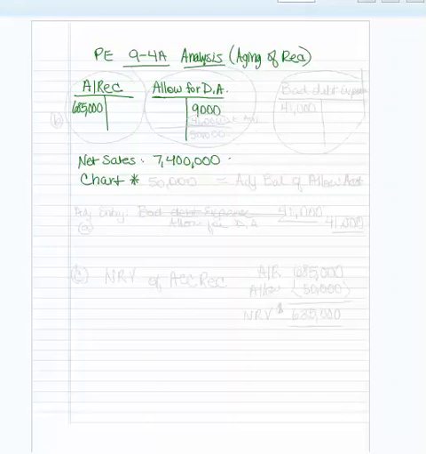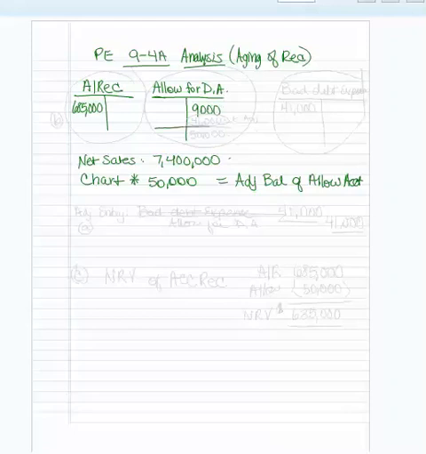The balance of allowance for doubtful accounts is estimated to be $50,000. So that's going to give us the adjusted balance of your allowance account. So we need a T account, and we've got one up here for allowance for doubtful accounts.